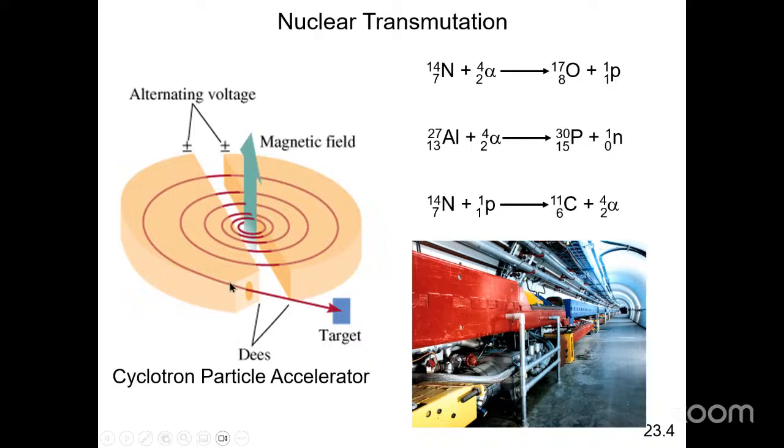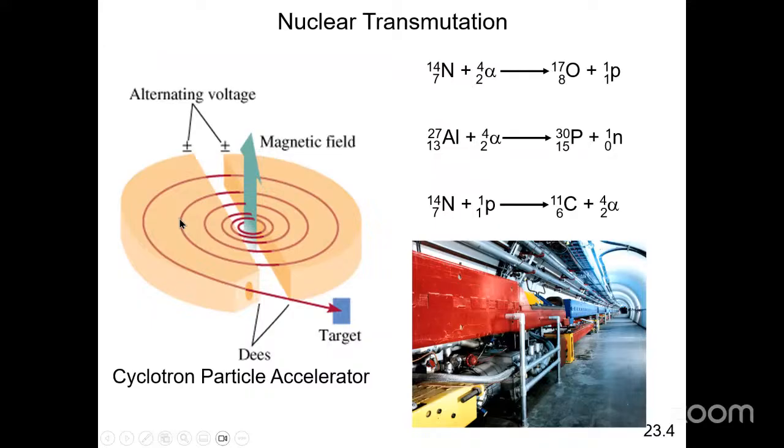So what happens is that you have your particles located here, and let's say you're dealing with an alpha particle, right? The alpha particle is positive. So at one instant, this is negatively charged. So the alpha particle will move into the D here, which is negatively charged, because it's attracted to it.